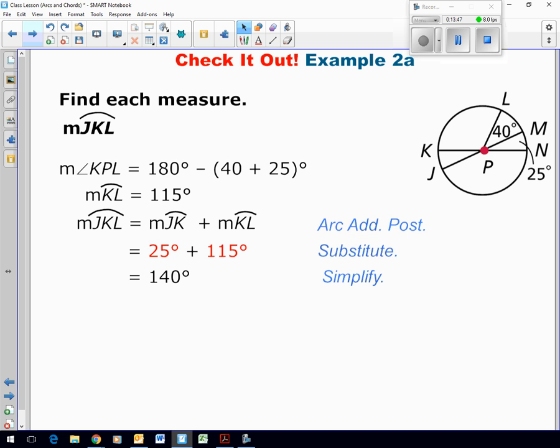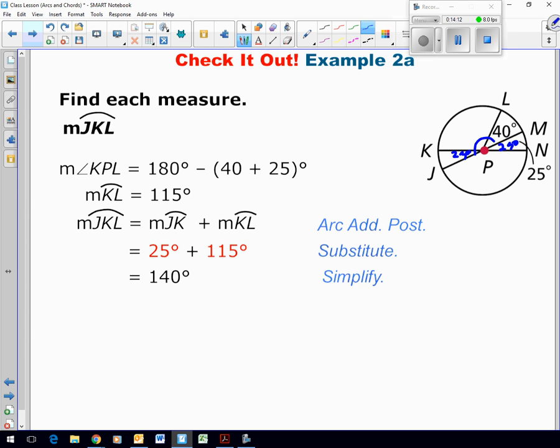How do they do this one? Well, KPN is a diameter, and JPM is also a diameter. Pretty simple start. This is 25 degrees. Okay? 25 degrees here. Tyler, if this total has to be 180, how can I find what KPL is?